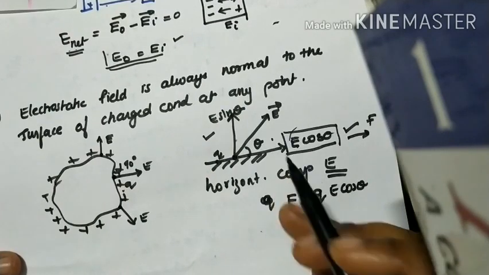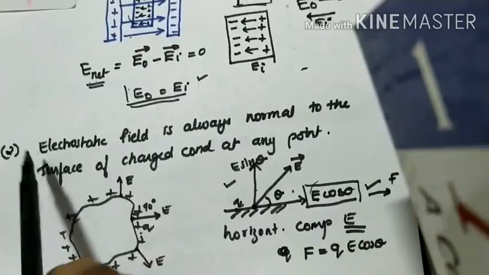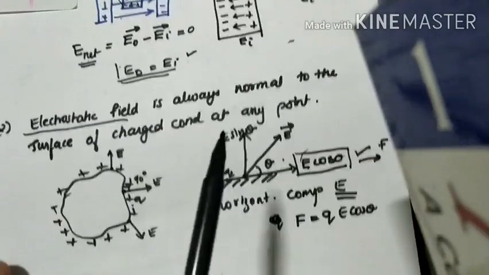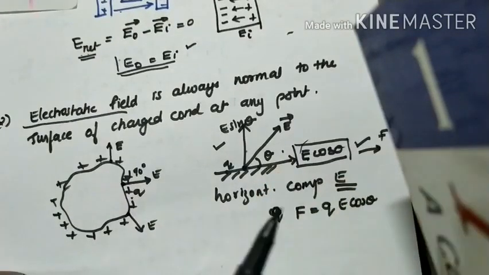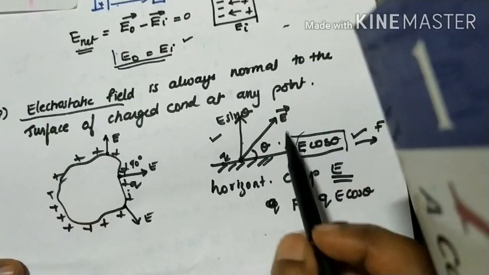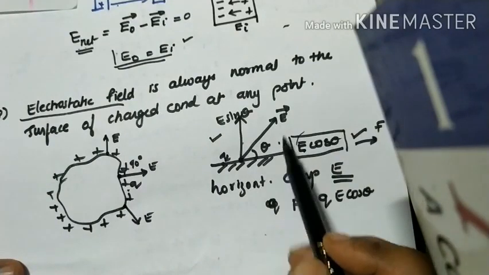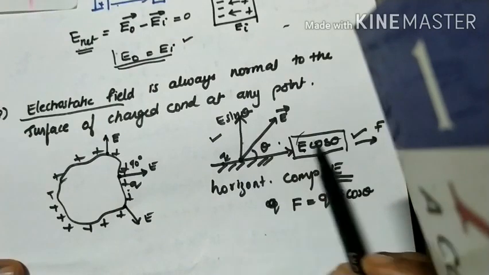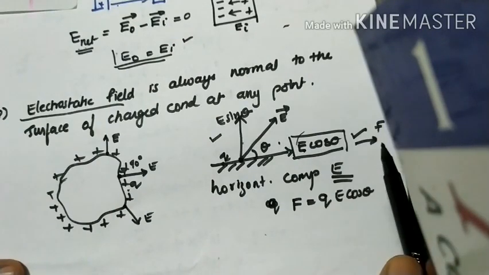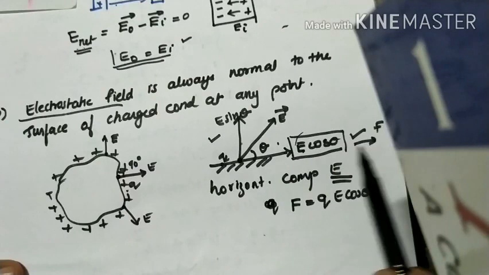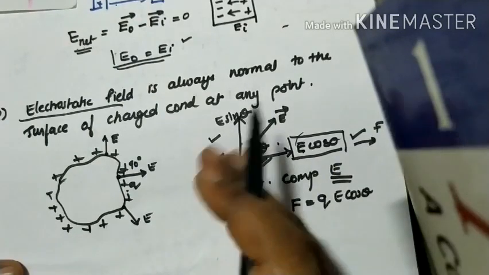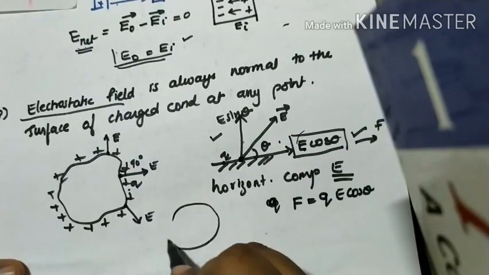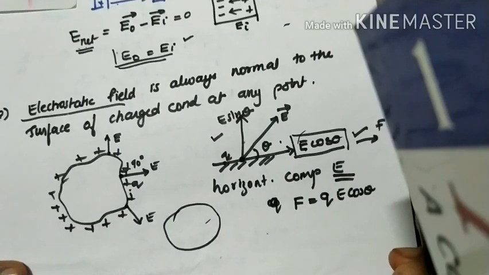So that means it is nonsense. Suppose your topic is electrostatic field. That means the charge is static. And now you are saying there can be a vector E and it can have two components, E cos theta and E sin theta. Then E cos theta causes a force. In that sense, due to the force, the charge can never be static. It continues to move in some direction.